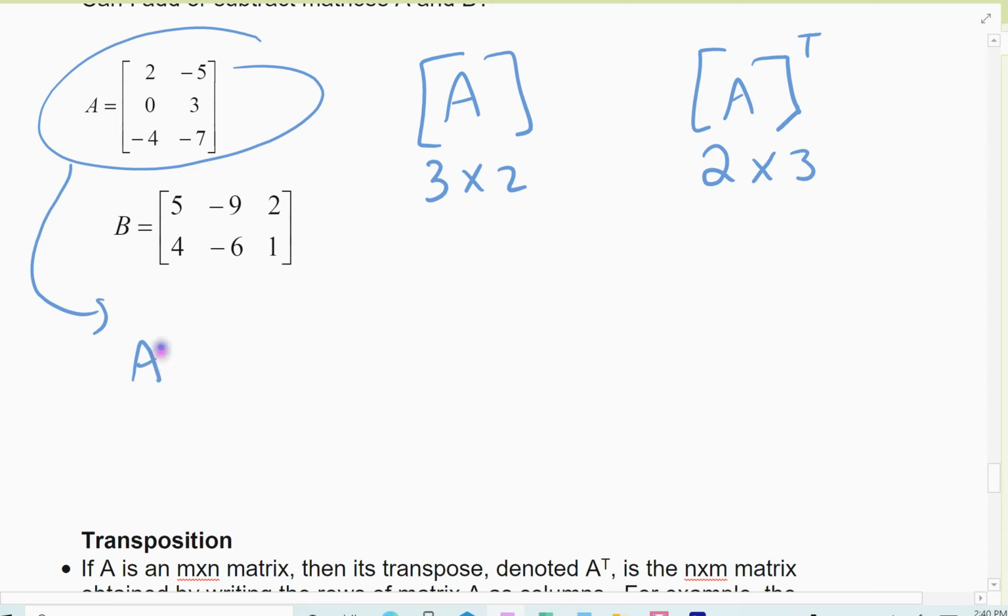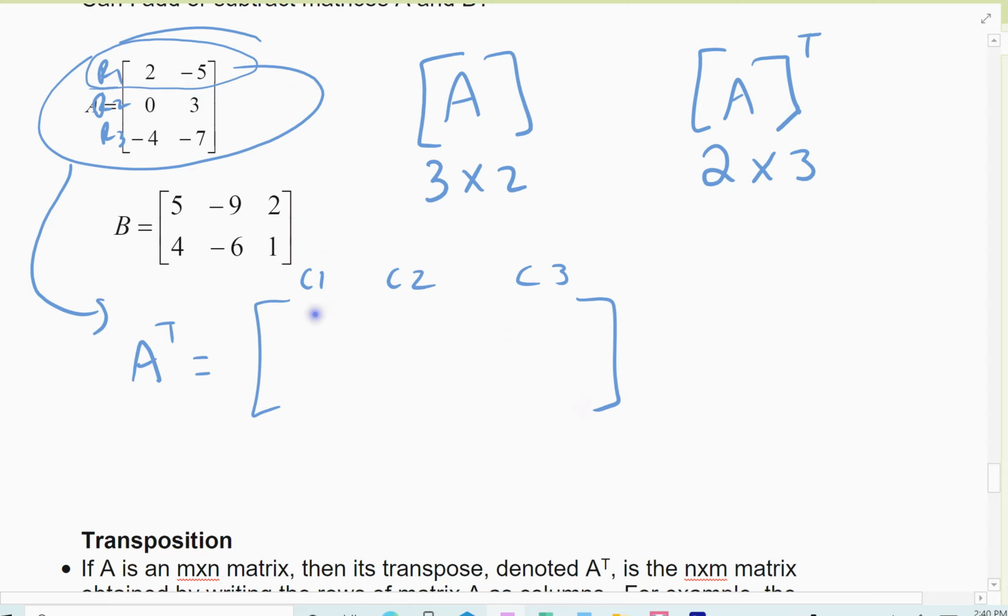And so when I do my A transposed, this row 1, this row 2, this row 3, becomes column 1, column 2, column 3. Row 1 was 2, negative 5.